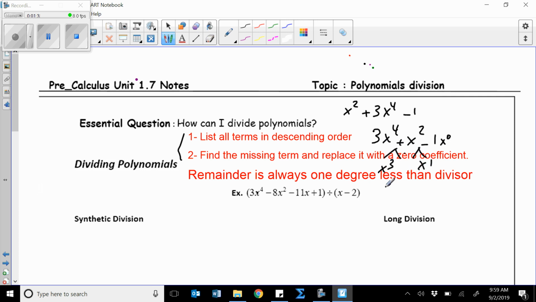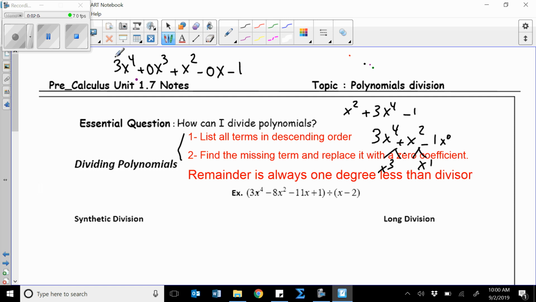If I want to rewrite this polynomial, I'm going to write it like this: 3x to the 4 plus 0x to the 3. So the missing term is going to be written here with a coefficient of 0, and then the next term was x squared, then x to the 1, which I'm going to write as 0x, and then the last one is negative 1.